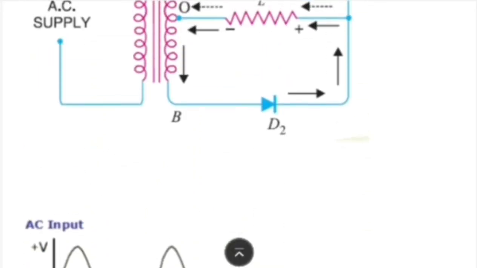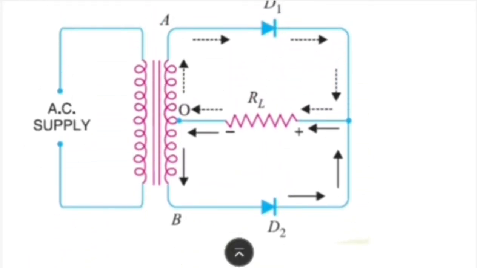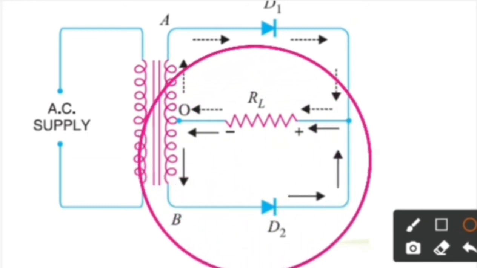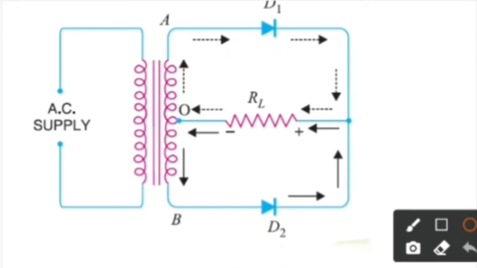So when point A becomes negative with respect to point B, the circuit will show you the flow of current like in the second part. That means in this case current will flow from point B through D2, it will cross load resistance RL and then reach point O.